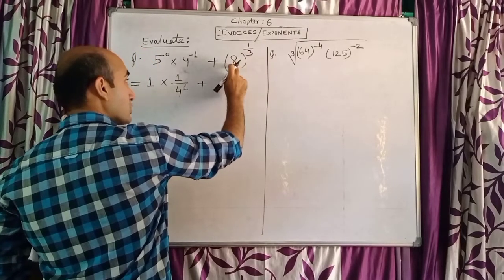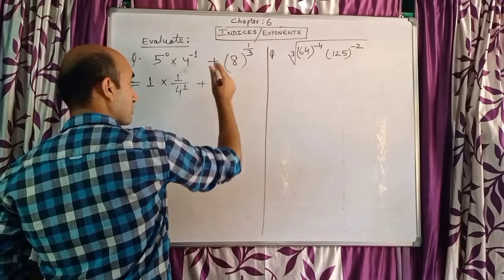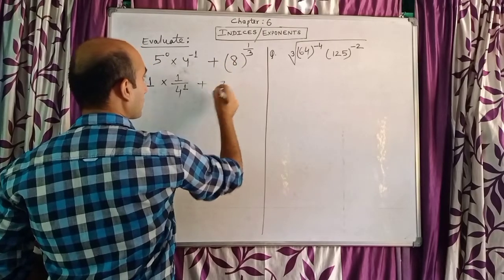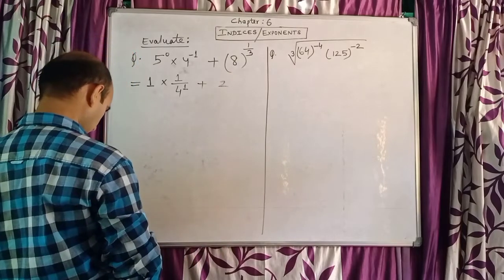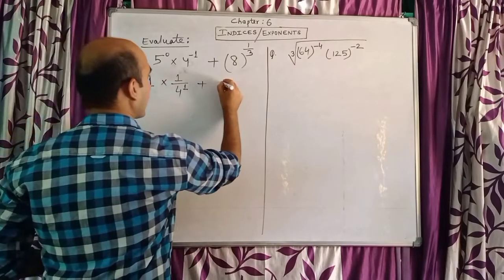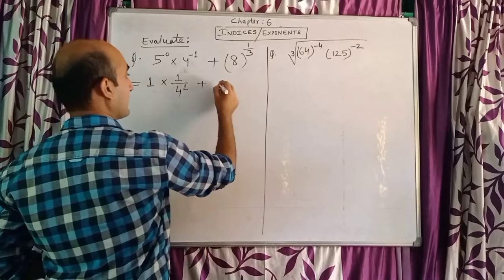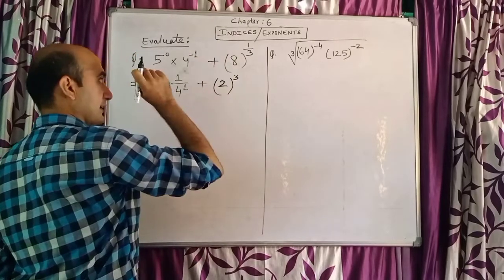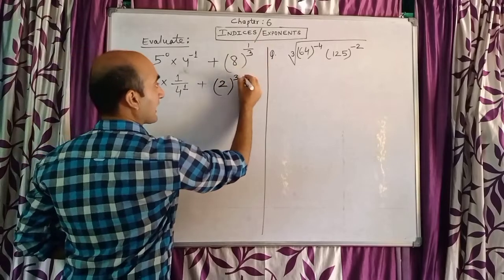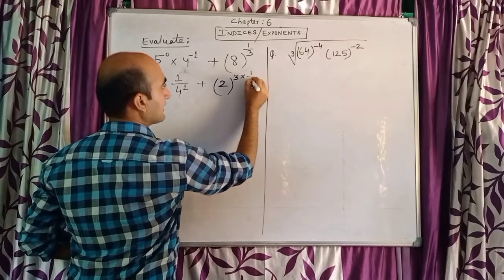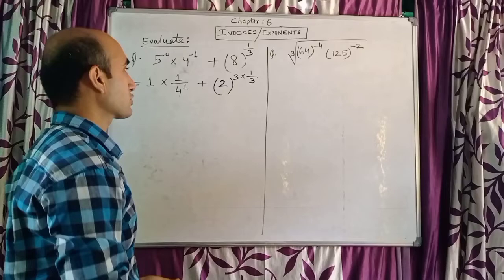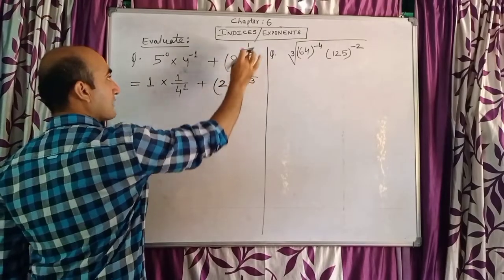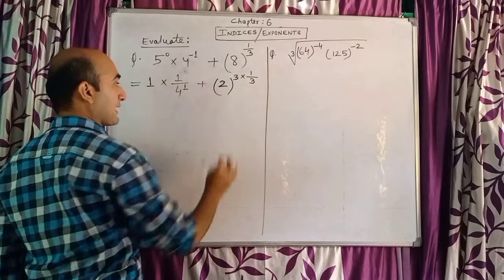Here there is 3, so you try to bring 3 with this number also, and to do that you write 2 cube, because 2 cube is 8. Then the exterior power 1 by 3 stays. So 8 became 2 cube and this power is as it is, 1 by 3.